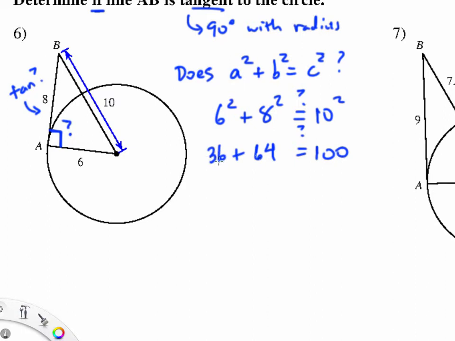We add up 36 plus 64. 30 plus 60 is 90. 6 plus 4 is 10. 90 plus 10 is 100. So a squared plus b squared does equal c squared. Yes, we know that this is a right angle. And if this is a right angle, we know that this is a tangent line. So we can say, yes, this is tangent.